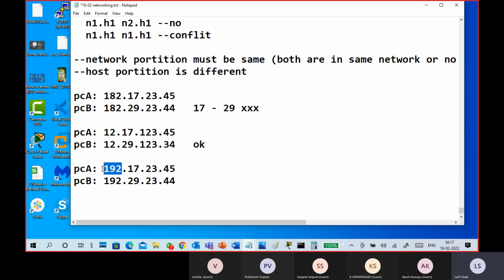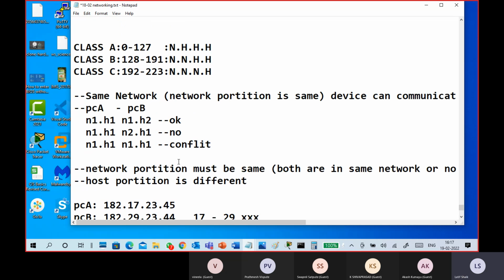Now you can see the first portion is the same, the next portion is the same, but there is a difference here. So I will put a 29 here. Now the first, second and third portions are all the same.